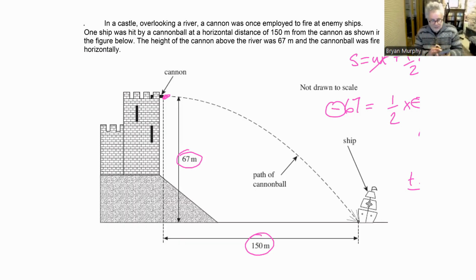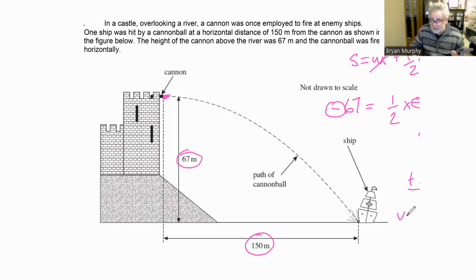Let's just do it. 67 times 2, divided by 9.8, square root of the answer. Oh yeah, 1.9 seconds.